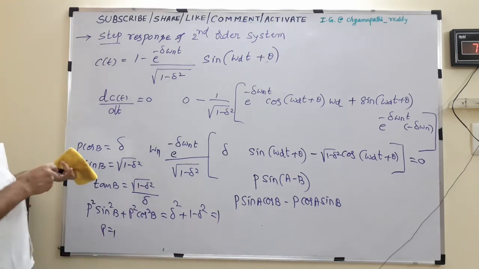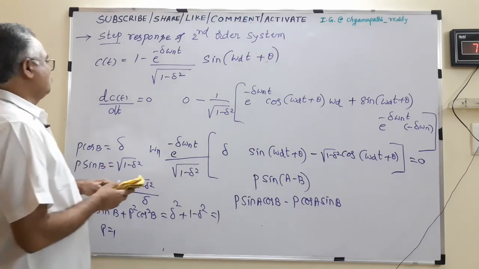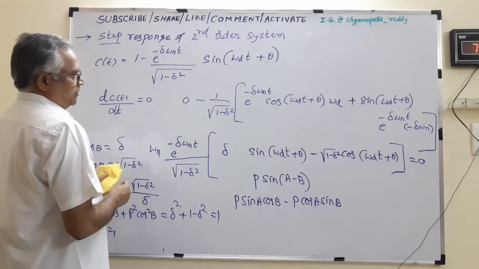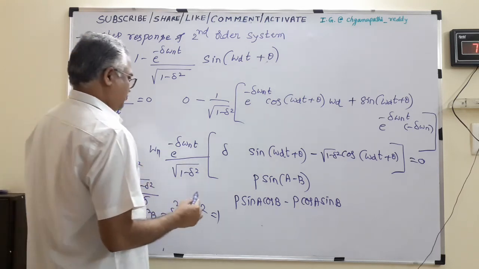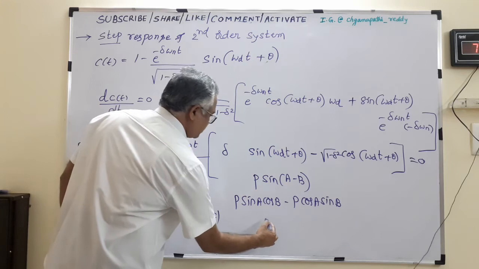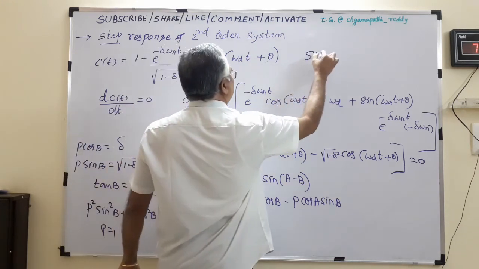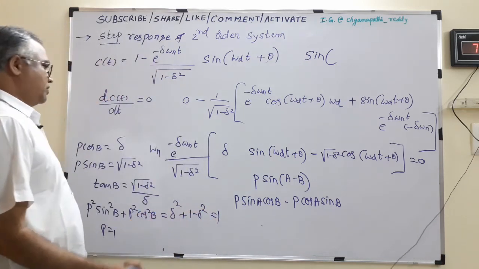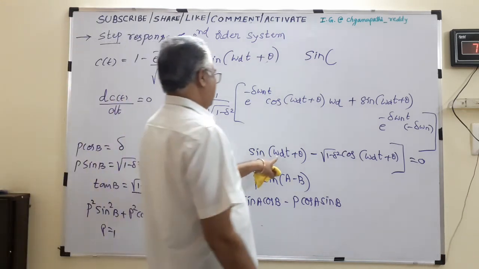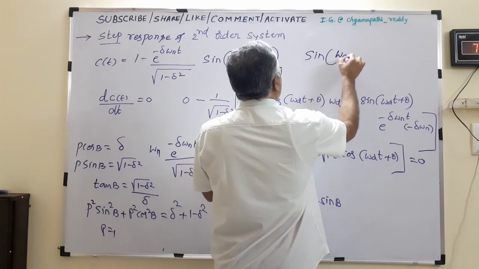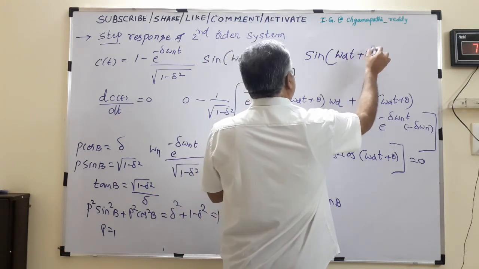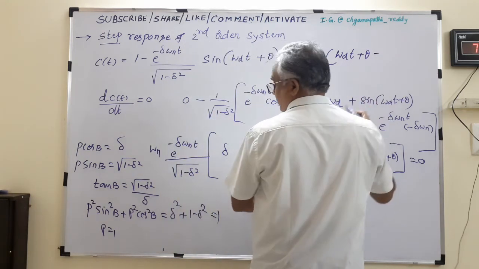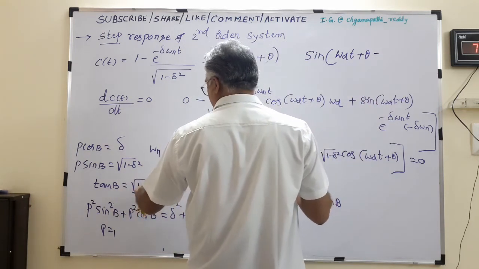So finally, what is the answer? P is anyway 1, you will get sin of omega d t plus theta minus B. B is again tan inverse, same thing.